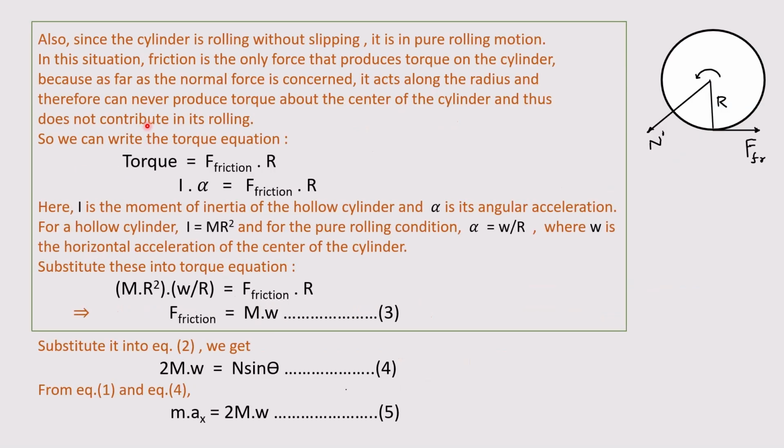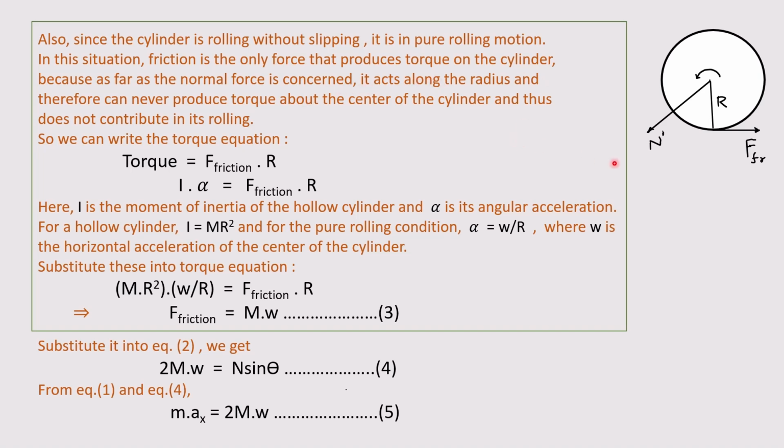Now we focus on the rolling motion of the cylinder, and since the cylinder is rolling without slipping, it's in pure rolling motion. As you can see in this picture, the frictional force is the only force which produces torque on the cylinder.